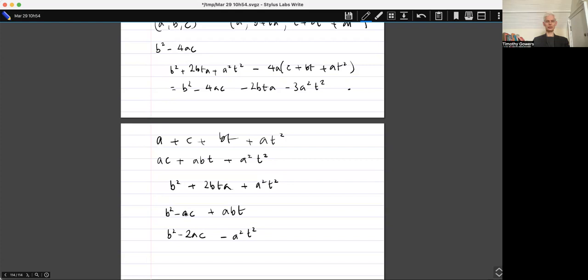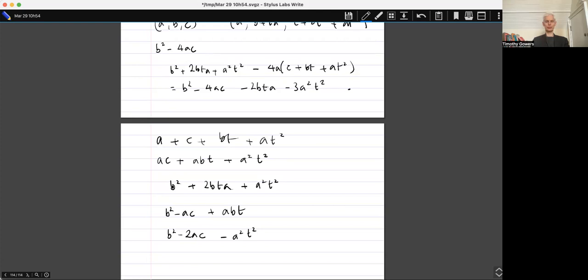This is the thing that intrigues me. I must be doing something slightly silly somehow, but supposing I tried b squared minus 2ac as my invariant.